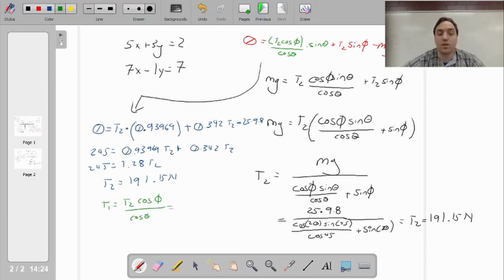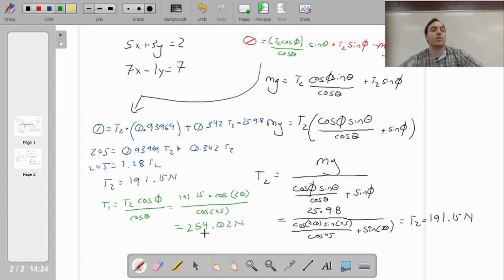Or in other words, T2, which is the 191 we just found, times cosine of 20 over cosine 45, which equals 254.02 newtons. And that's how you solve a two-wire problem.